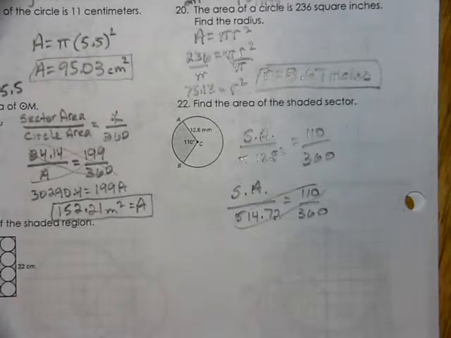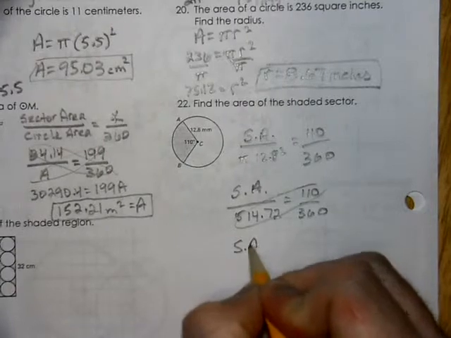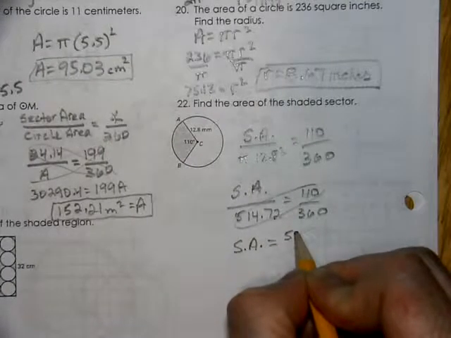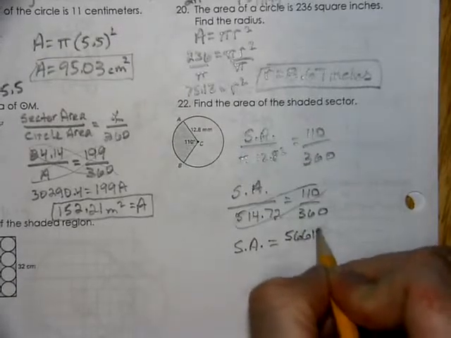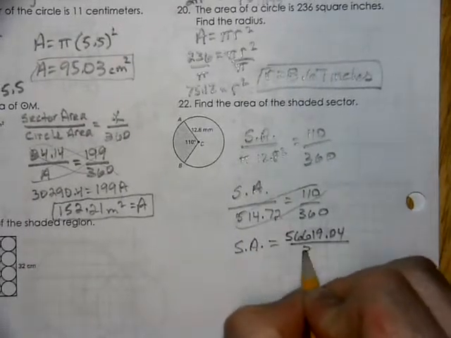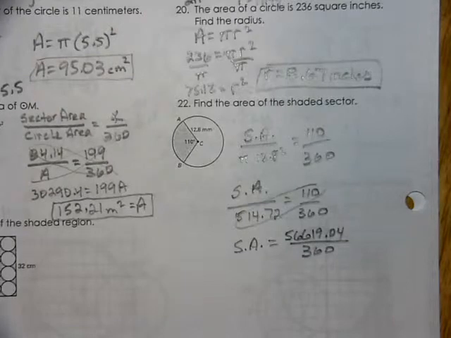We'll cross multiply, times that by 110. So the sector area is going to be 56,619.04 over 360.